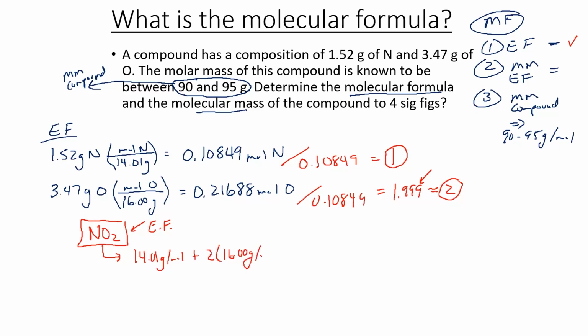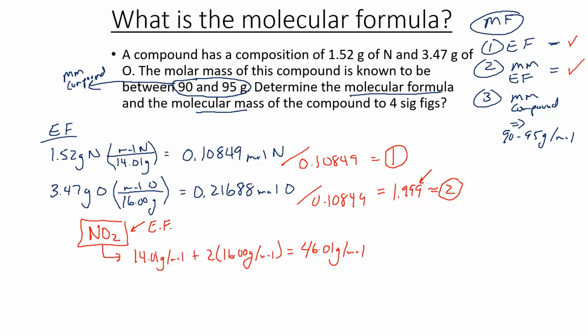Going to give us a molar mass of this compound of, looks like 46.01 grams per mole. And we can now check that off our list. We now have the molar mass of the empirical formula. We were given the molar mass of the compound in the problem.